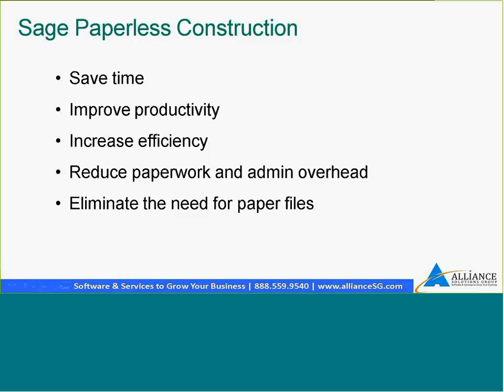And there's a reduction of paperwork and administrative overhead by switching to an electronic-based document storage and workflow system. And overall, it can improve relationships with subcontractors as a result of better documentation and more timely payment of invoices. And last but not least, it eliminates the need for paper files and their storage requirements.